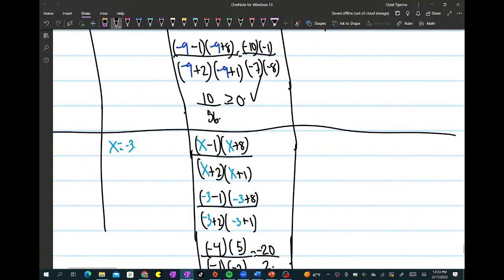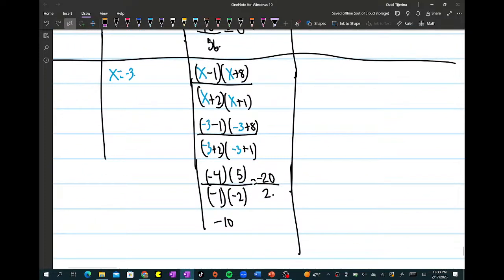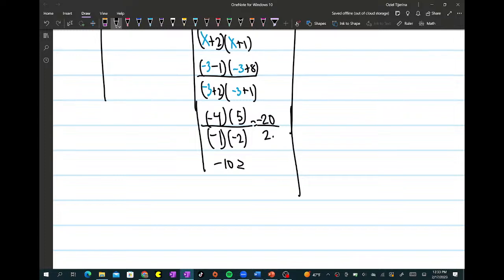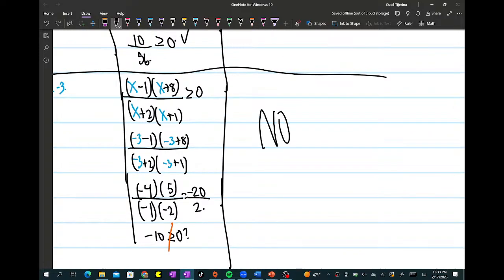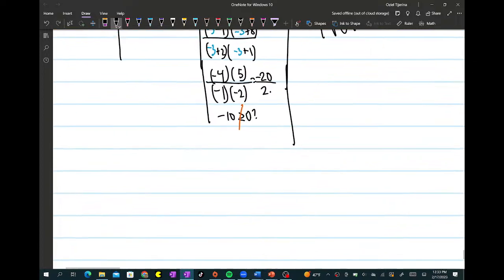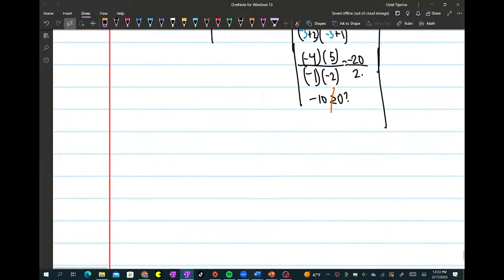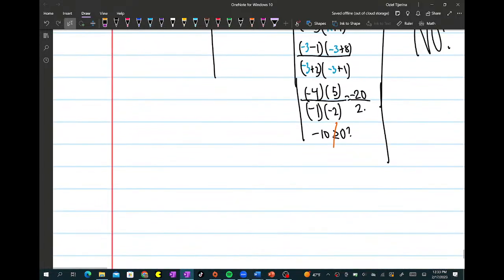And again, you want to see if this is greater than or equal to 0, right? So negative 10 greater than or equal to 0? No, it's not. So this does not work for this inequality, right?